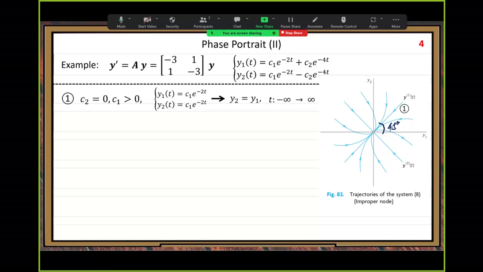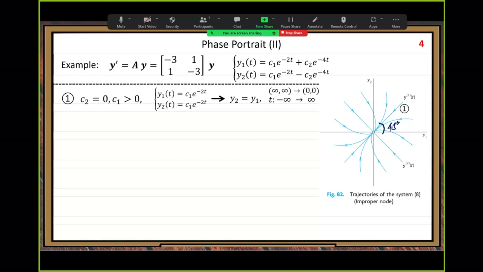So y1, y2 go from positive infinity to 0. Is it this arrow direction? From positive infinity, and at the end, you get to the origin. That's the reason we draw this direction. That's type 1.